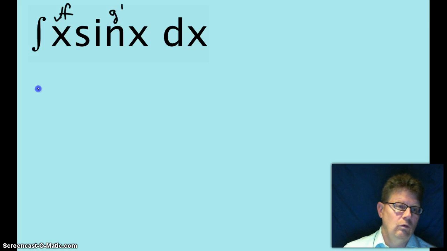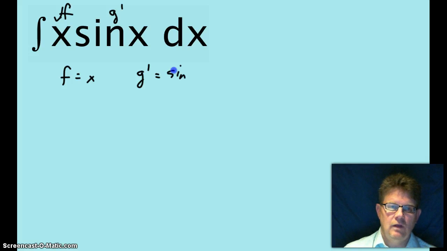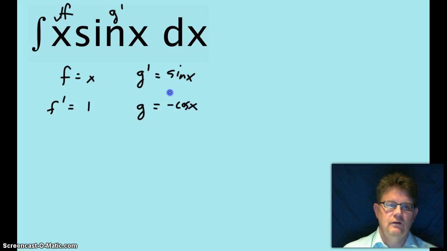So we're going to rewrite that as f equals x, g prime equals sine x. So what's f prime? 1. What's g? The antiderivative of sine x would be negative cosine x.